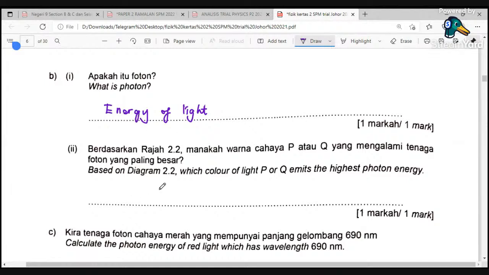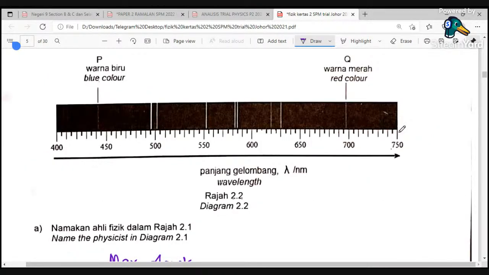Based on diagram 2.2, which color of light, P or Q, emits the highest photon energy? As we know, the formula for energy of a photon is E equals hf. The h is the Planck constant, so E is directly proportional to f. We look at the colors stated in the diagram, blue and red.